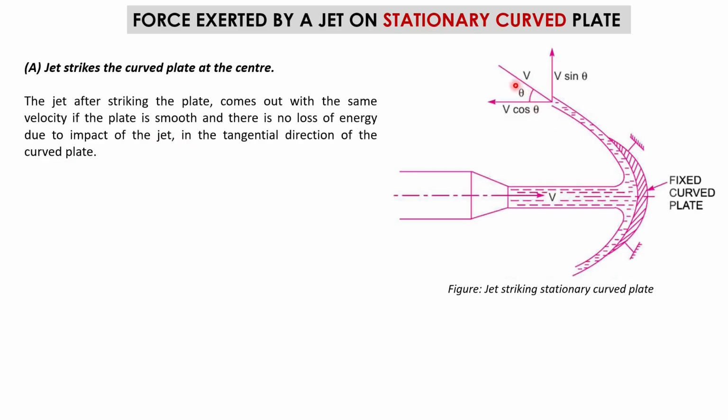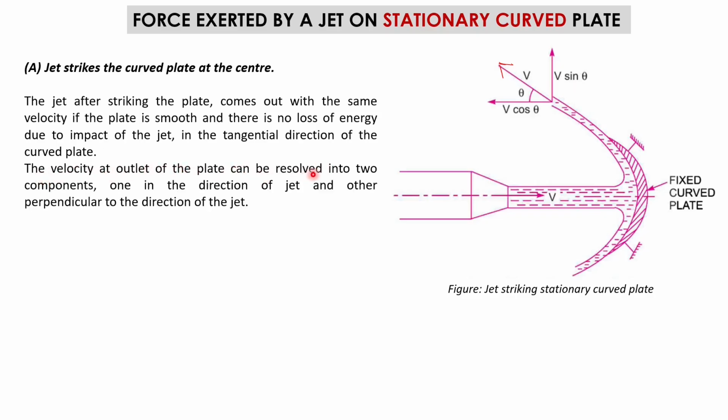And further, we can resolve this velocity V. One component will be V cos theta and another will be V sin theta. The velocity at the outlet of the plate can be resolved into two components, one in the direction of the jet and the other in the perpendicular direction of the jet.